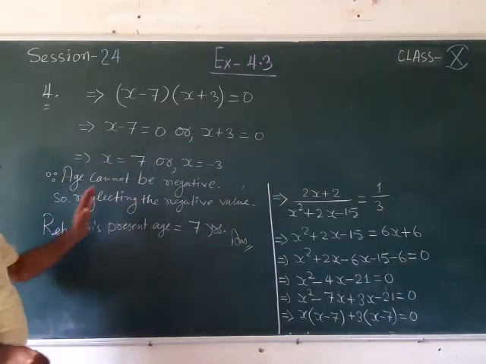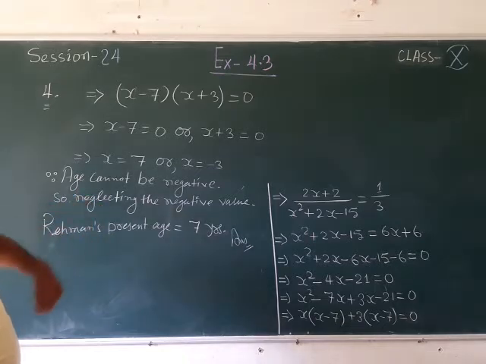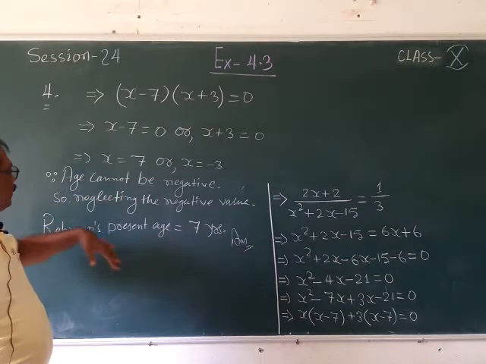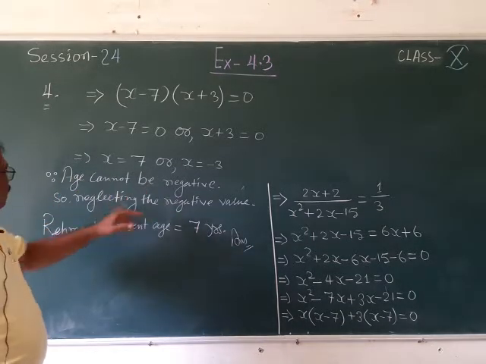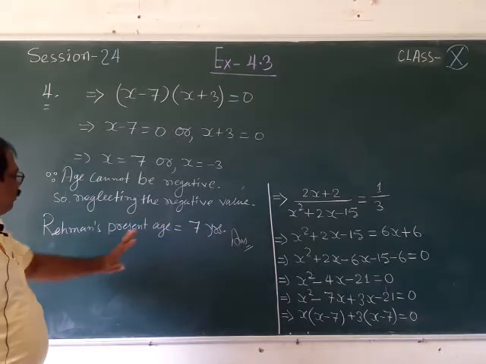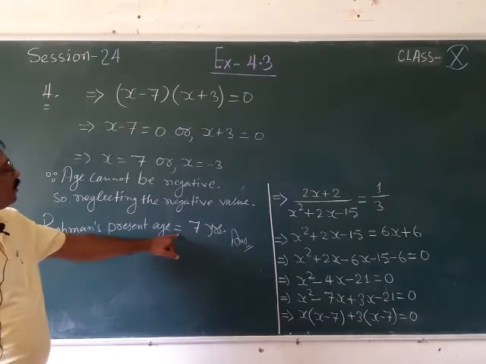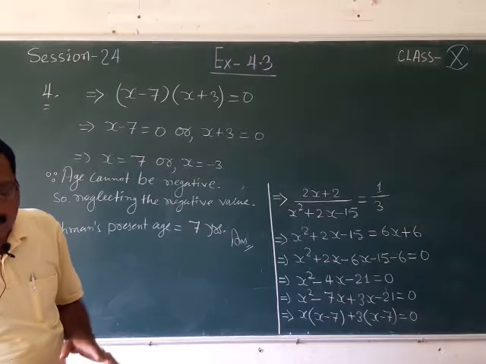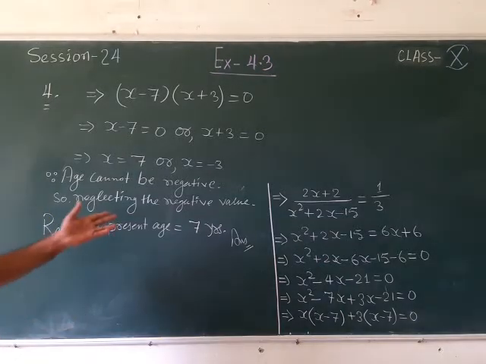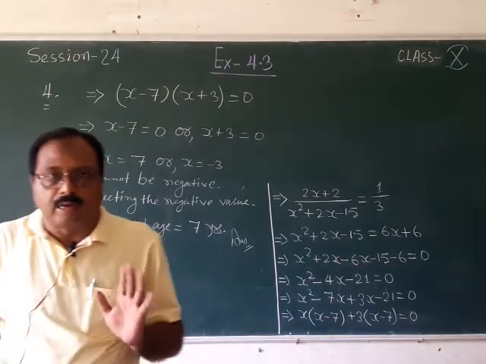You know that age cannot be negative, you have to write here so that you can understand it. Age cannot be negative, so neglecting the negative value, Rahman's age equal to 7 years. So, the present age of Rahman, you are having 7 years, and it is your answer.